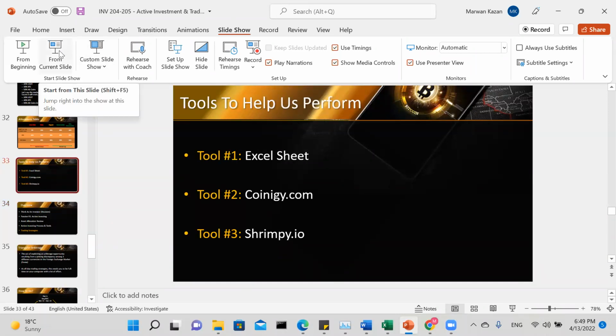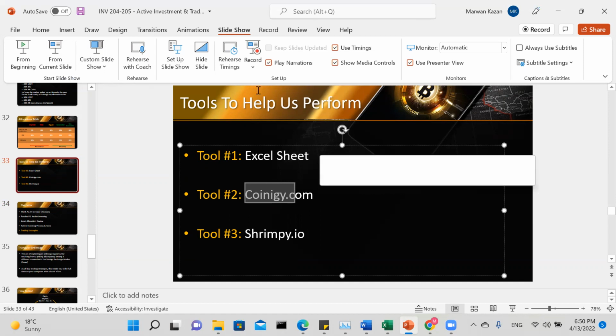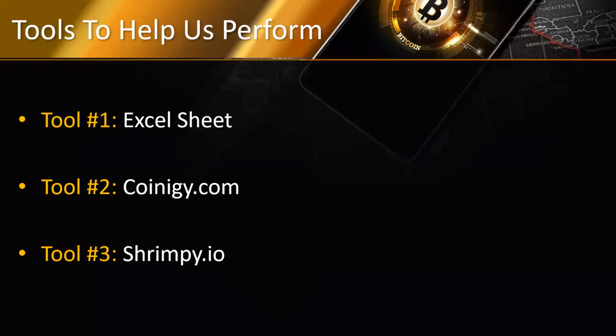Now, the tool coinigi.com. I don't have it, to be honest, because I only use Binance. But let's say you use exchanges other than Binance, because sometimes you have some coins which are not present on Binance but are present on another exchange.